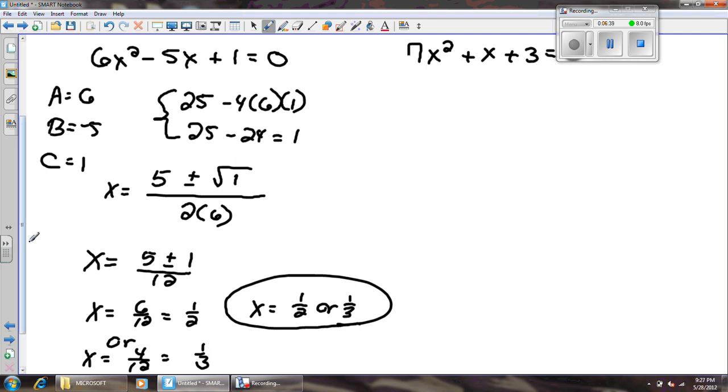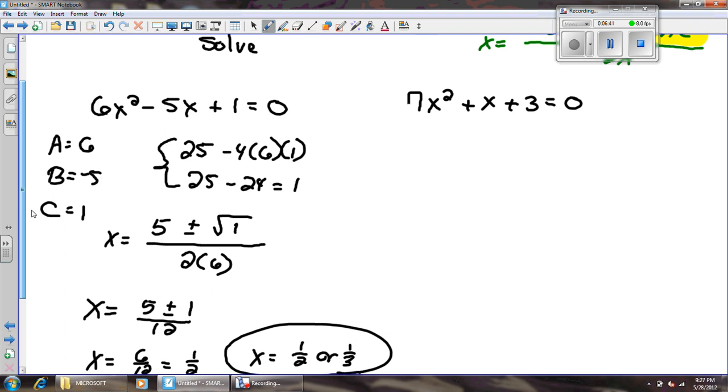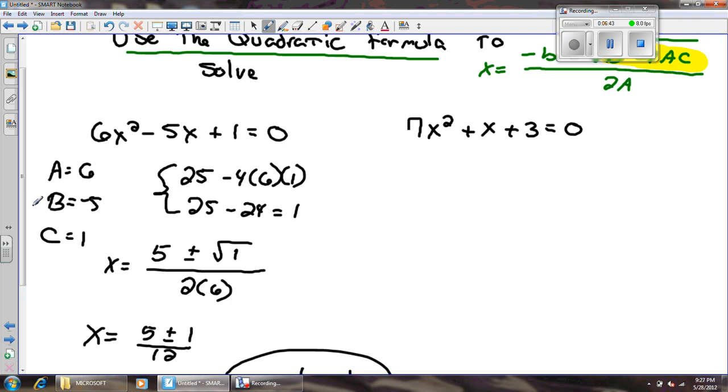All right. This one might have factored, looking in hindsight, but it's okay that it didn't, that I did the quadratic formula. Okay, again, on this one, I'm going to do the discriminant first. So a is 7, b is 1, c is 3, right? Okay, so the discriminant b squared minus 4ac is going to be 1 minus 4 times 7 times 3.